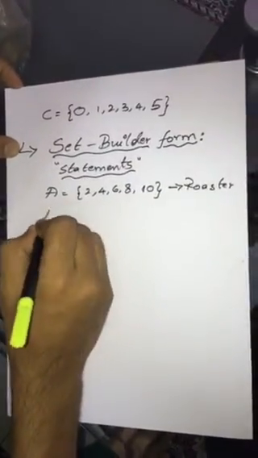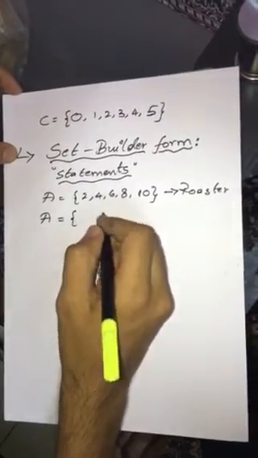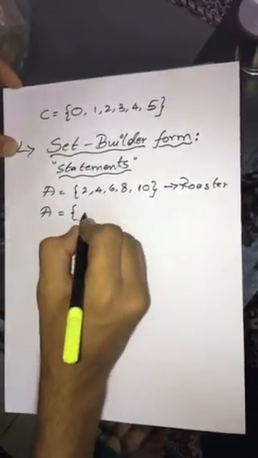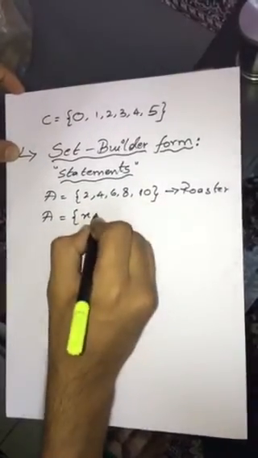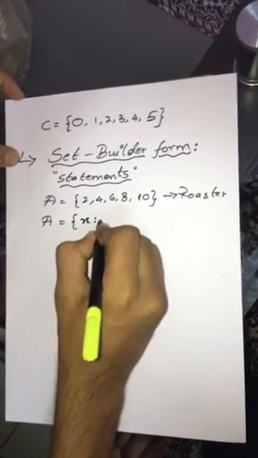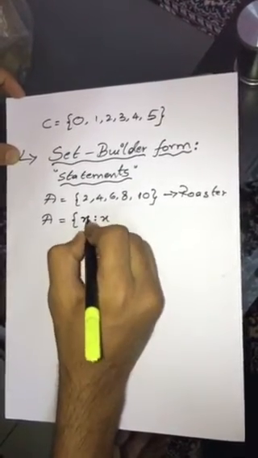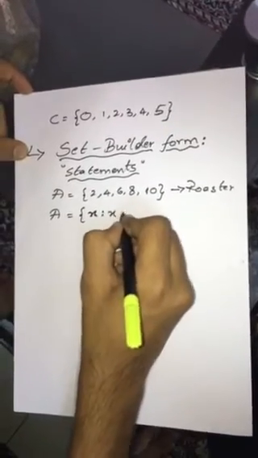The name of the set should be the same. It is compulsory that the name should not be changed, and we'll write it as x. We'll denote each element as x, and this is read as x such that x.